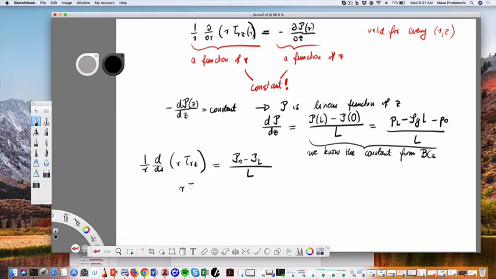So my r tau rz is the integral of r times this, right? So P_0 minus P_L over L, that's my constant. Integral of r is r squared over 2, plus some constant C1.